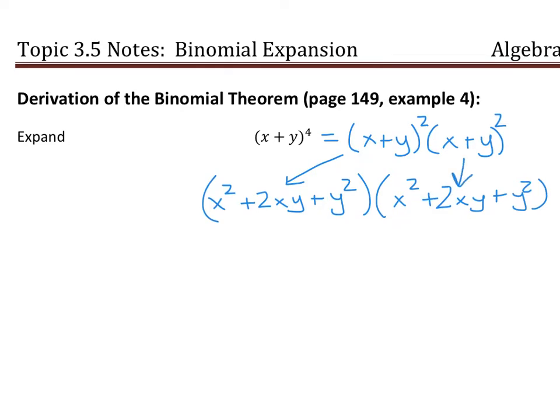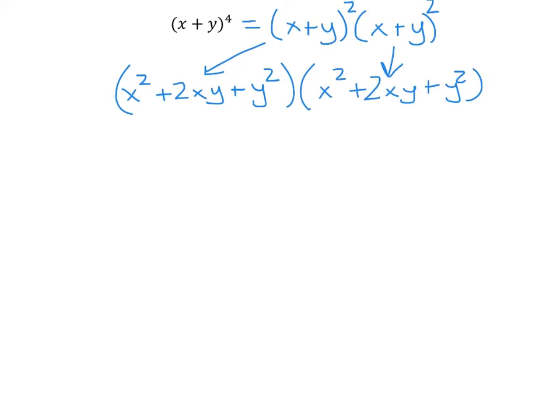So our task here is to multiply 2 identical trinomials together. That's a lot of terms, kind of messy. So I'm going to organize my work with the box method. I'm going to very carefully draw a box.